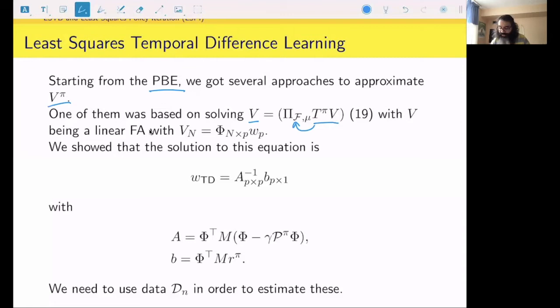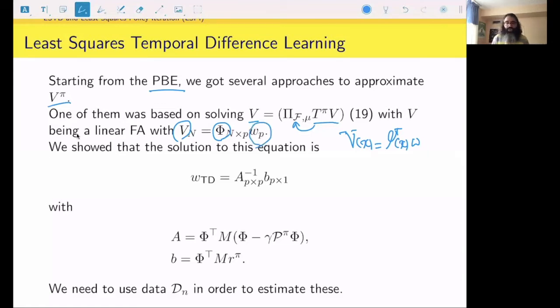So we had V equal to phi times W, so V of x is phi transpose x times W. If we had capital N states, we can write V as a vector of these for all N states: this capital phi, which is an N times p matrix, times W, which is a p-dimensional vector.